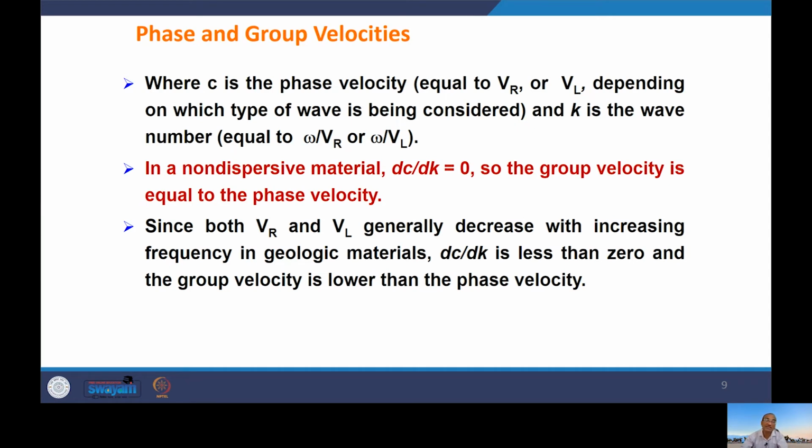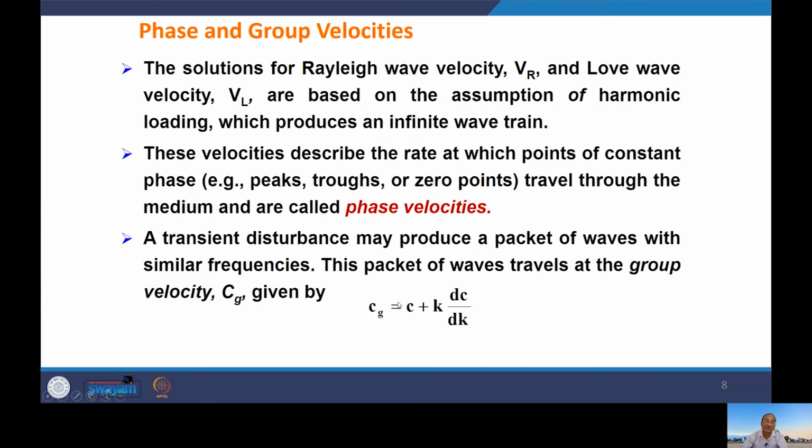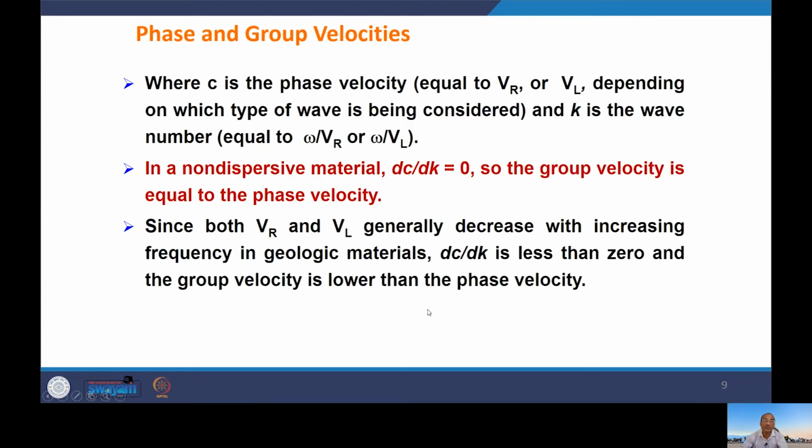So as a result, because C decreases with k, this dc by dk is negative, or it is normally less than 0. As a result, using this relation, when dc by dk is negative, Cg will be smaller than C. So that means the group velocity is lower than the phase velocity. So normally the group velocity is lower than the phase velocity.